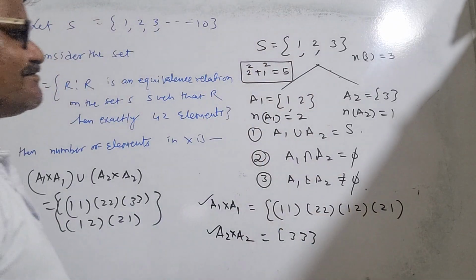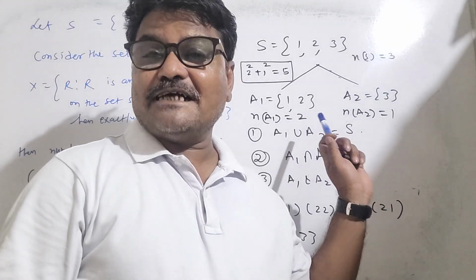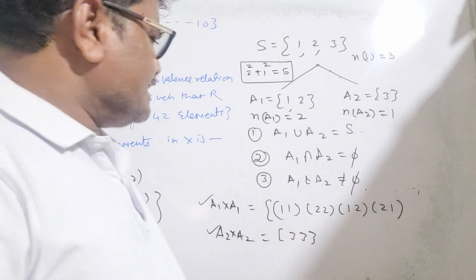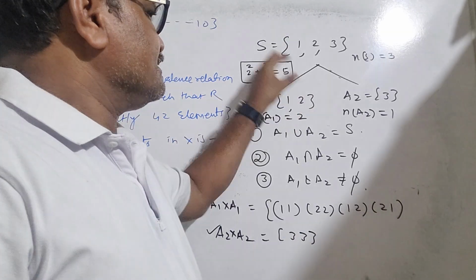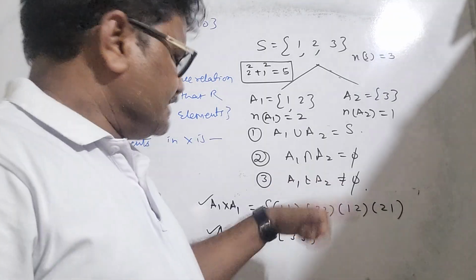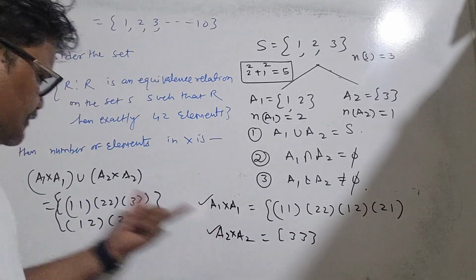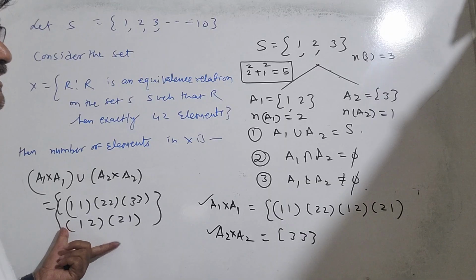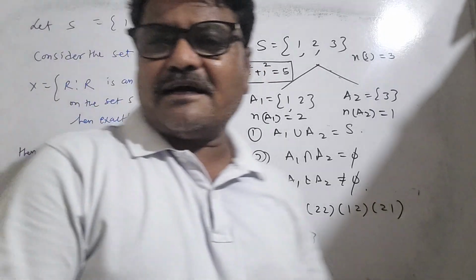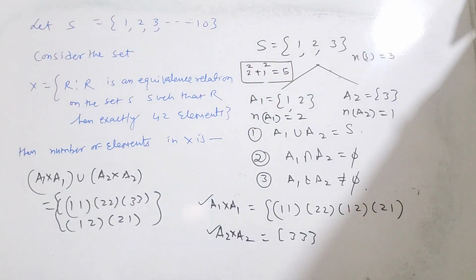Correct? The concept is that when we partition this given set in such a way, then the union of these sets always gives an equivalence relation satisfying the condition, and this condition is also important. I hope that you can understand this question now very easily.